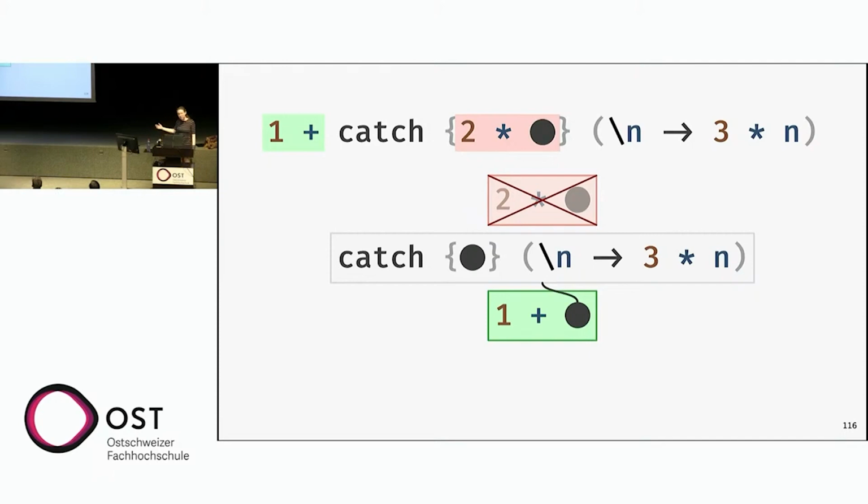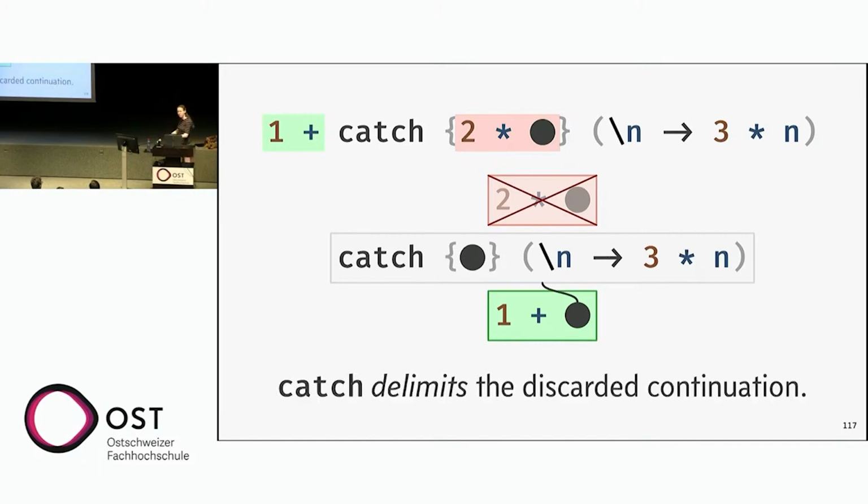Another way to think about this is that catch is an operation whose main purpose is to delimit the portion of the continuation that is discarded. Because of that, we can think of that inner red continuation as a delimited continuation, or delimited subcontinuation. And so this is what delimited continuations are.